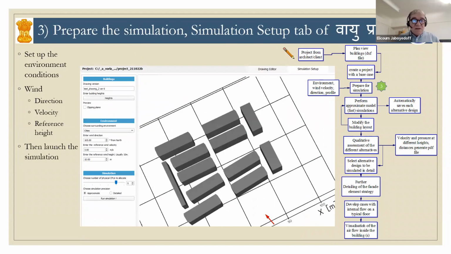You can then prepare the simulation. That means you set up the environment, typically the direction of the wind at a reference height, and then you choose the number of CPUs that you allocate to the calculation.